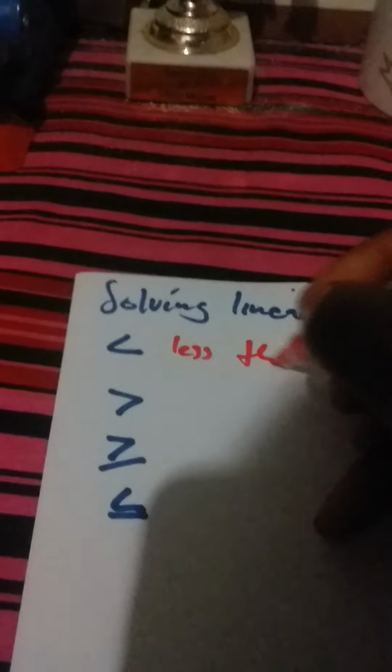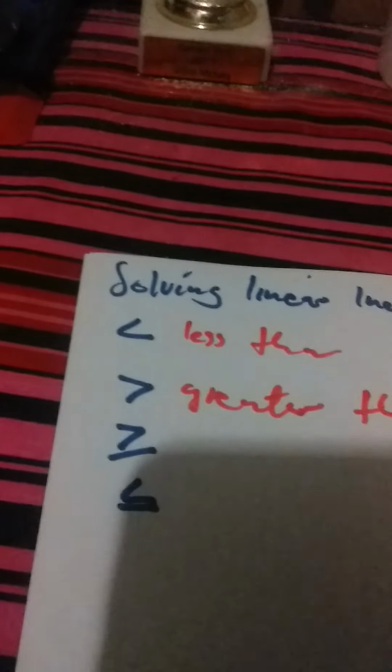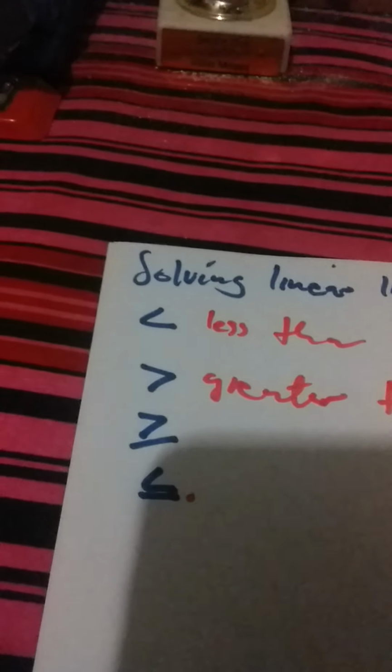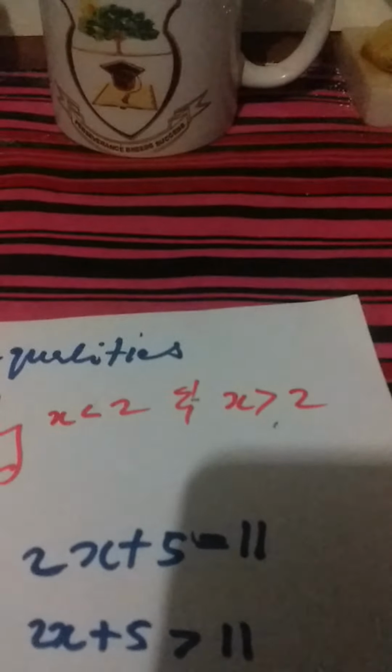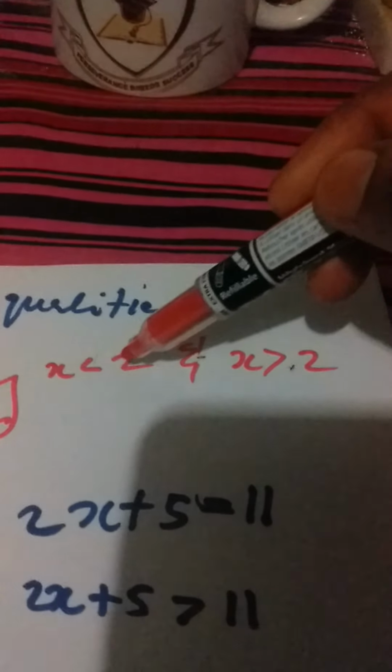The four inequality signs are read as less than, greater than, greater than or equal to, and the fourth one is less than or equal to. For the first two, less than and greater than, let's say we have x less than 2 and x greater than 2. It means x can be any value less than 2, or x can be any value greater than 2.